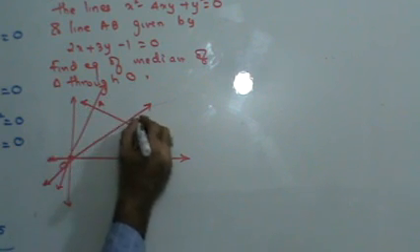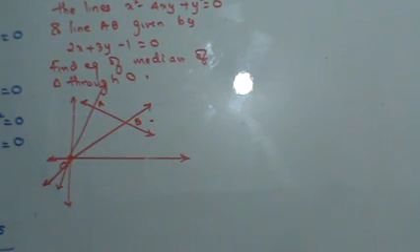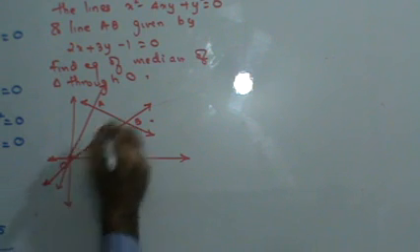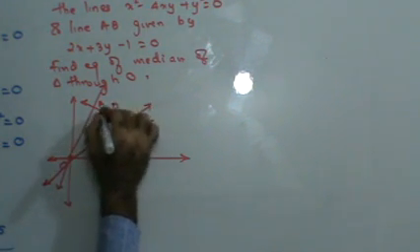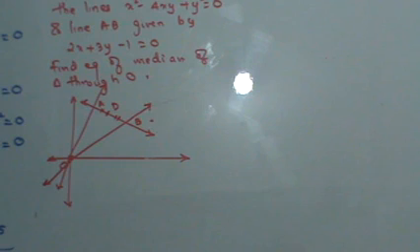This is A, this is B. Okay, so I have a pair of lines passing through the origin. The equation of the pair of lines is given. The equation of line AB is given. I have to find out the equation of the median through O. Let us assume that D is the midpoint of AB. Fine, do we get this thing clear?